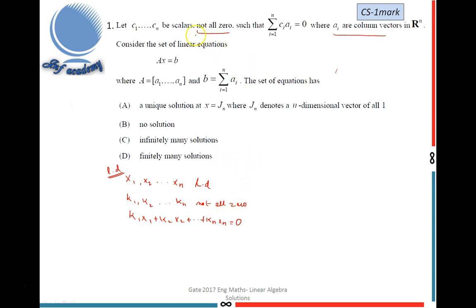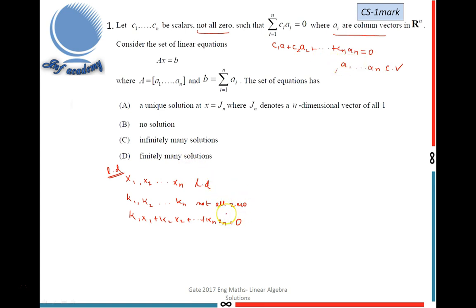Now, the given question has C1, C2, etc., Cn be scalars, not all 0, such that sigma i equal to 1 to n, Ci Ai equal to 0. That means C1 A1 plus C2 A2 plus etc. Cn An equal to 0, where A1, A2, etc., An are column vectors in R power n.